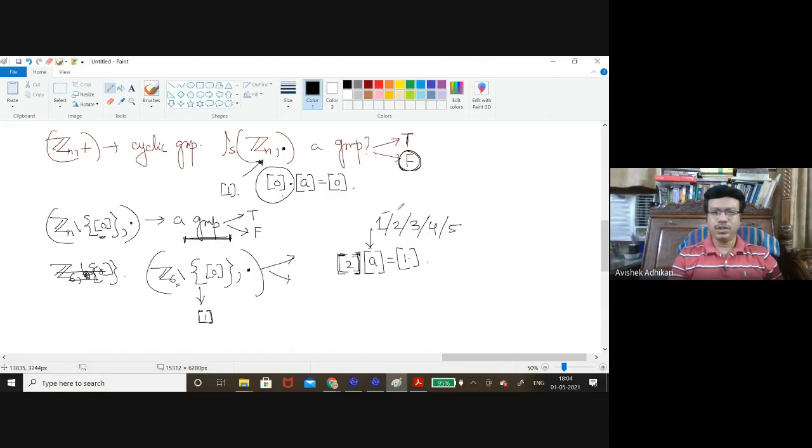So we have exhausted all the elements here, but still we are yet to get any element whose product will give me 1. So what is your conclusion? 2 will not have any inverse. Not a group. Similarly, which element will not have an inverse? 4 will also not have an inverse. You can check. But let's check what would be the inverse of 1.